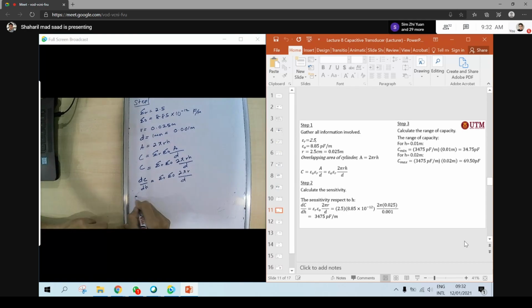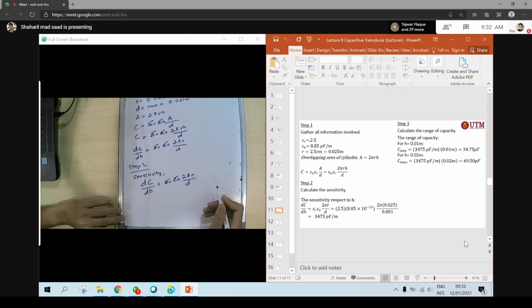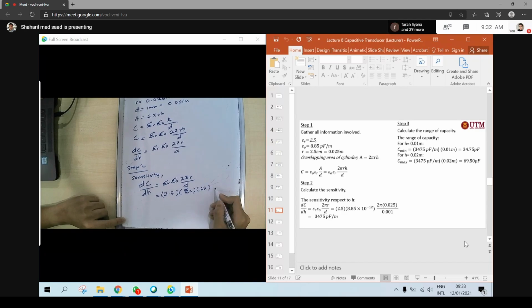Then step 2, for sensitivity: dC over dh equals epsilon r epsilon naught 2 pi r over D. Putting in epsilon r is 2.5, epsilon naught, 2 pi, and r is 0.025, divided by D, 0.001 meter, you get a sensitivity of 3475 picofarad over meter.